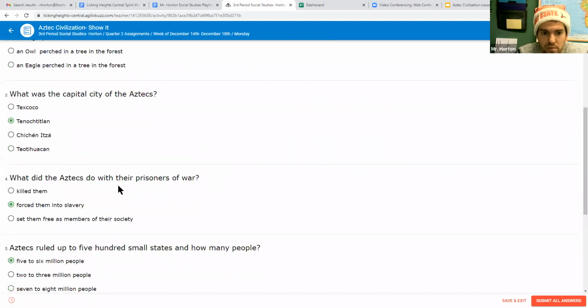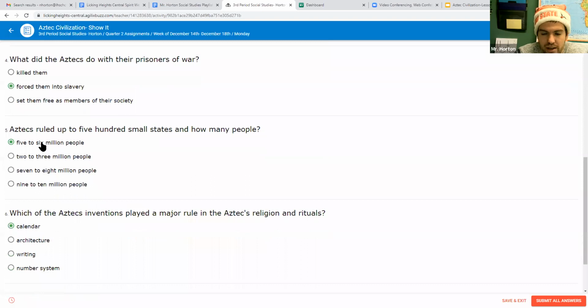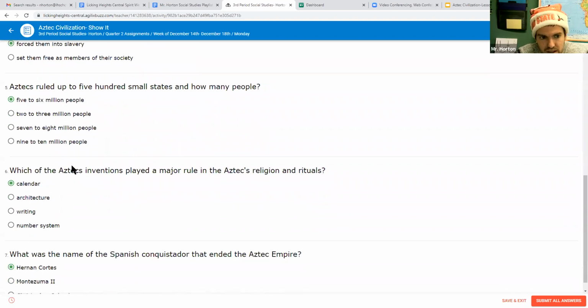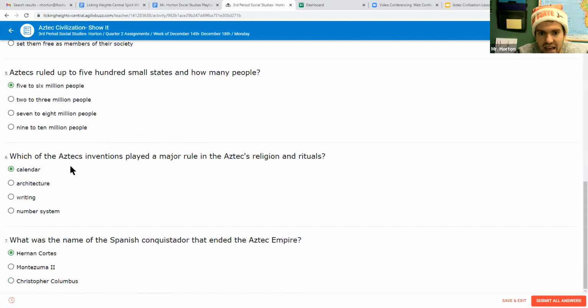Number four, the people that were prisoners of war, they forced them into slavery once they were captured. Number five, at the very height of their power, there were about 5 to 6 million people that were part of the Aztec civilization. Number six, the center of the Aztec religion was the calendar. And then number seven, the Spanish conquistador that ended the Aztec Empire was Hernan Cortez. All righty, so those are your answers for the show it for today.